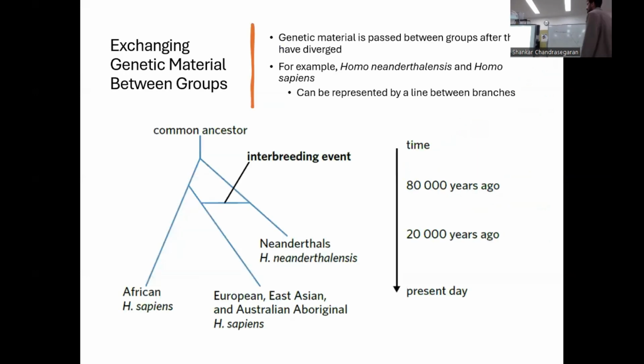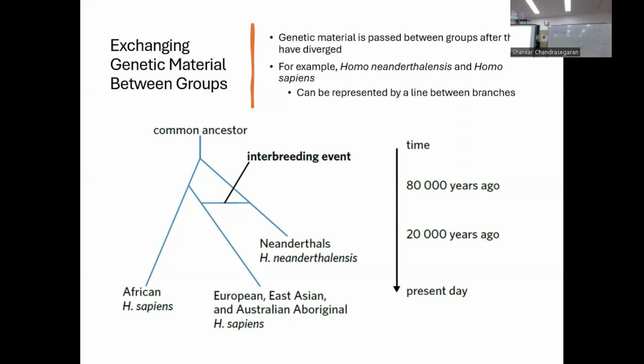And lastly, one more weird case with a phylogenetic tree is the interbreeding event. So remember how I talked to you guys about Homo sapiens and Homo neanderthals and how they share DNA? Homo sapiens today who are not from Africa have 2% of Homo neanderthal DNA within their own genomes.